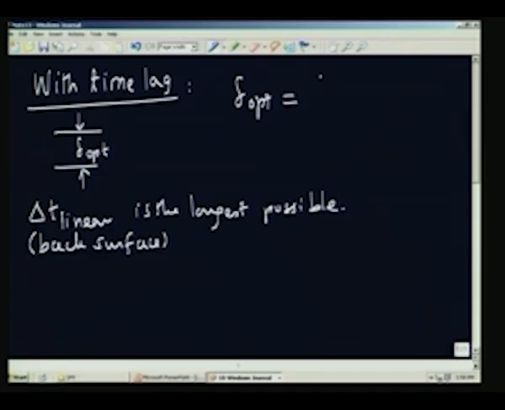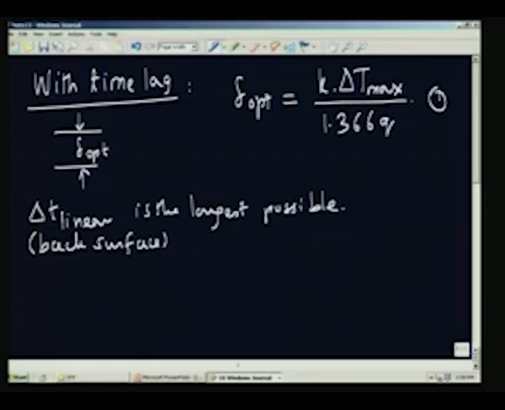If the thermal conductivity of the material of the slug is K, and the maximum temperature it can withstand is T max, then delta optimum is K times delta T max, that is the maximum temperature minus initial temperature, divided by 1.366 into Q, where Q is the input heat flux. This is one formula.